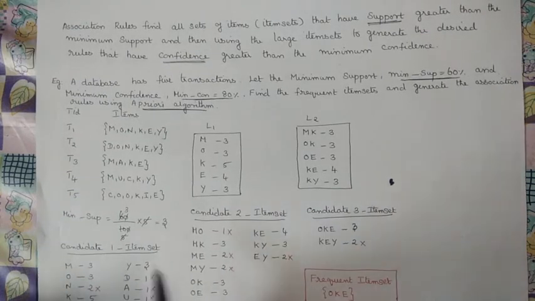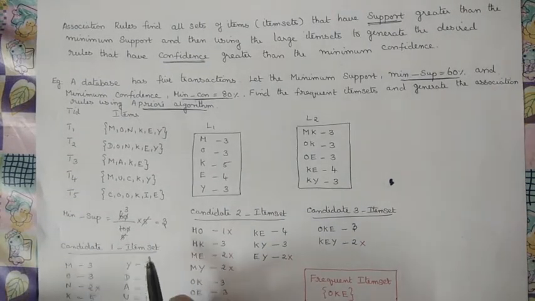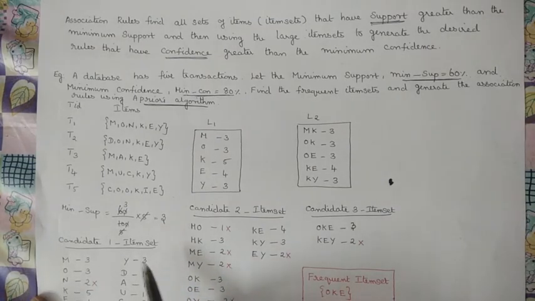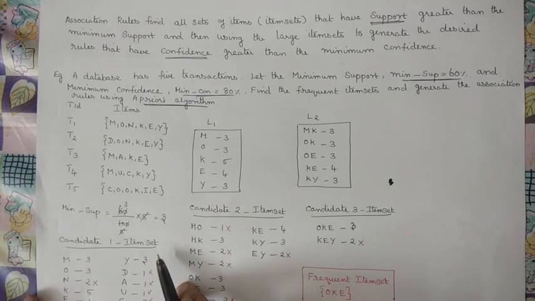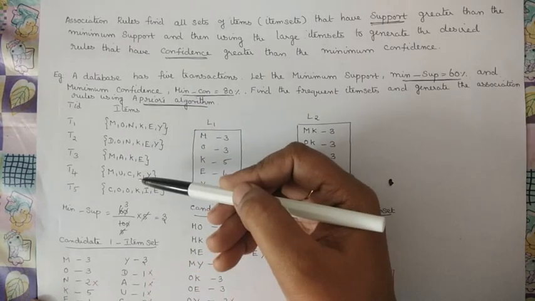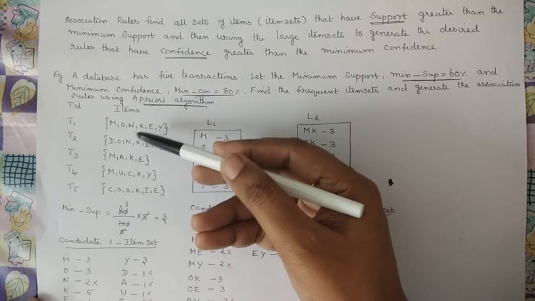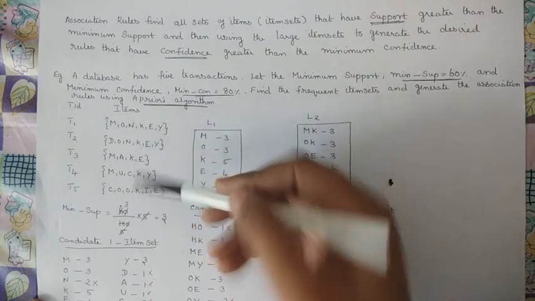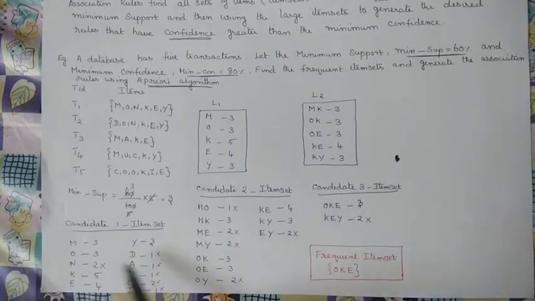So the first step was converting my percentage into a numeric value to find my minimum support. The next step is to generate the candidate 1-item sets. I go to the transaction table and list down all the elements that are there in it.